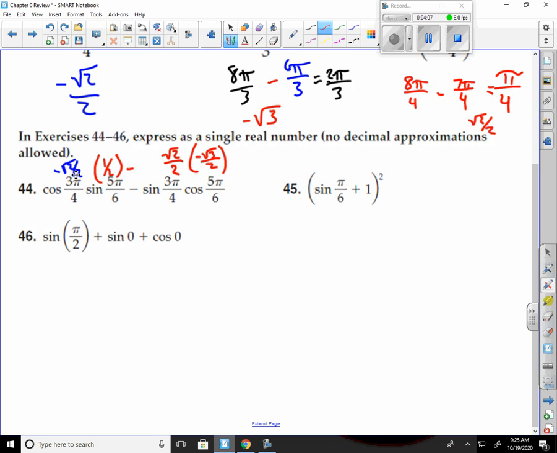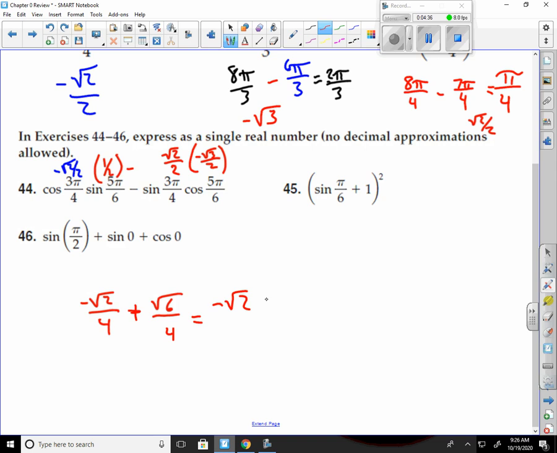So if I multiply these, that gives me negative root 2 over 4. Multiply the tops, negative root 2 times 1, 2 times 2, minus, then it's root 2 times negative root 3. So that minus a negative is going to make it a plus, and that would be root 6, just multiplying what's inside the roots, over 4.